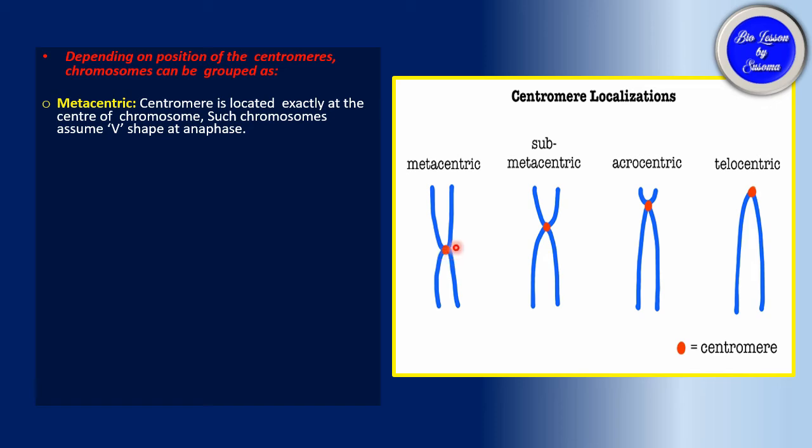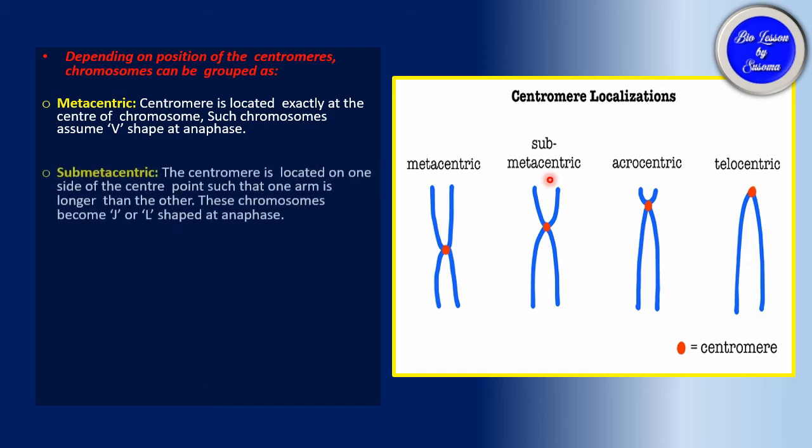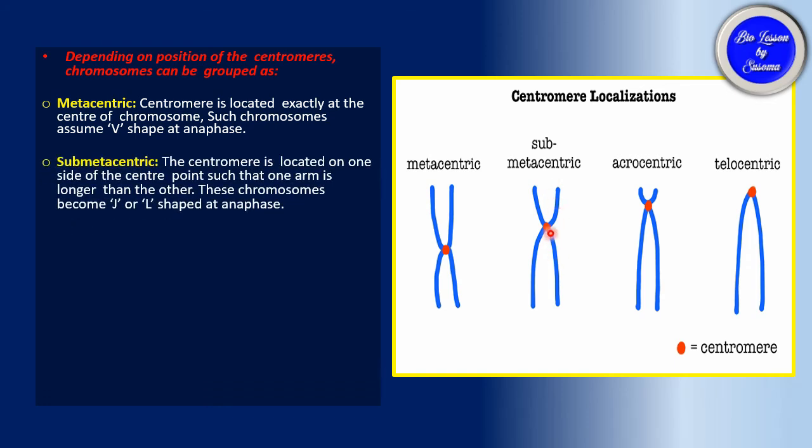Now, these chromosomes assume V-shaped during anaphase. In case of submetacentric chromosome, the centromere is not exactly at the center, but it is near to the center of the chromosome. And during anaphase, these chromosomes become J or L shaped.